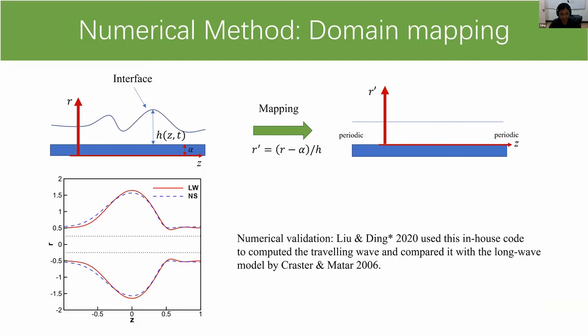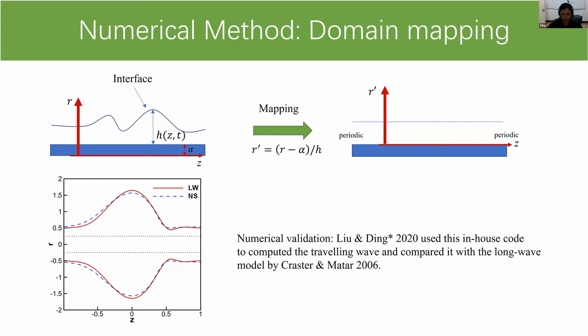We also validate our code by comparing our solution of the Navier-Stokes equations with the long wave solution. This code has been validated by considering a rotating cylinder, which has been published in JFM in 2020.